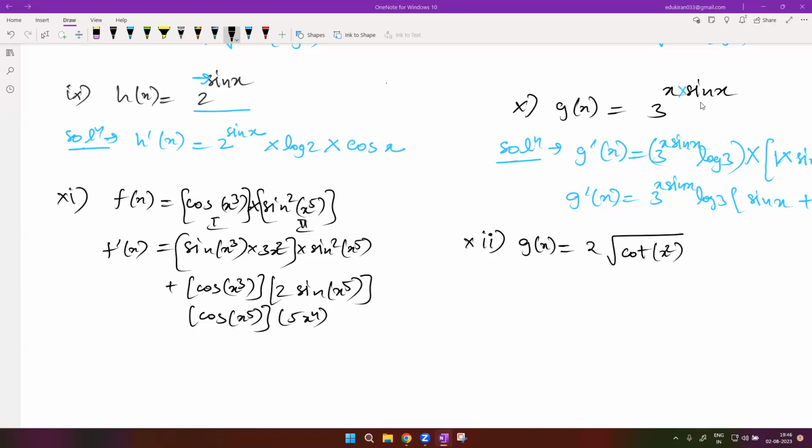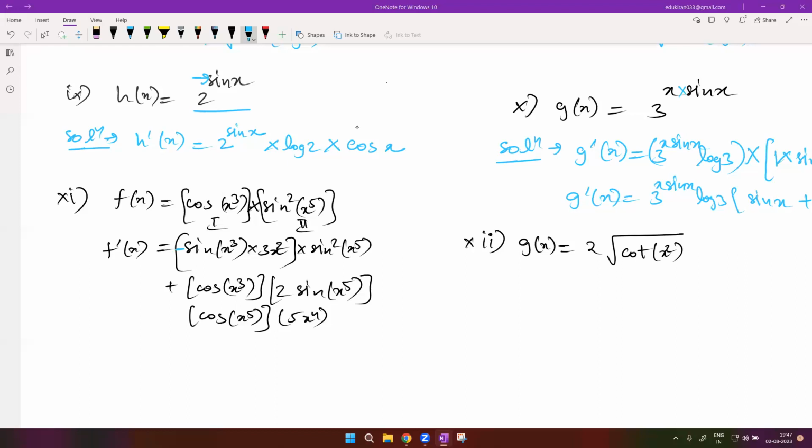Yeah, correct. Austin, I have written it incorrectly, my bad. It should be minus here. There should be a minus because the derivative of cos is minus sin of x.